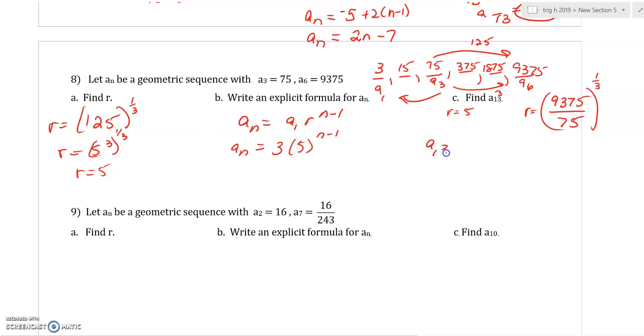So if I want the 13th term, I end up with 732,421,875.